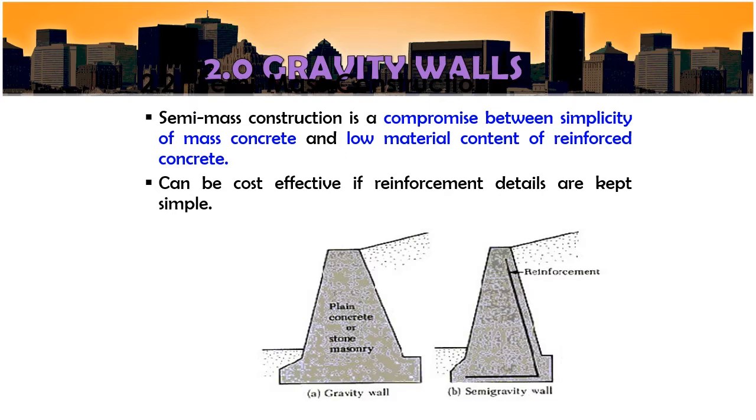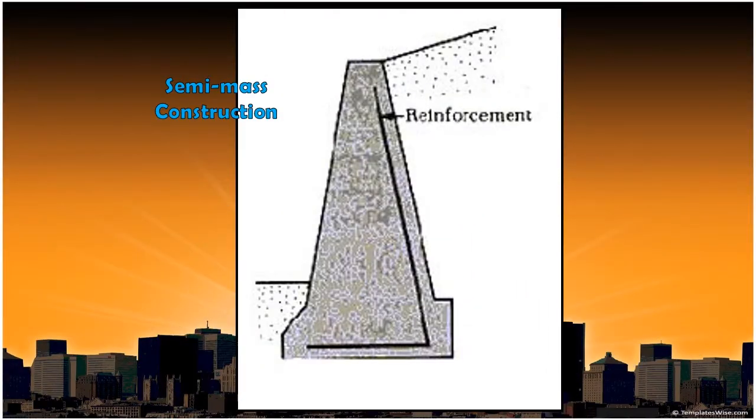It can be cost effective if RC details are kept simple and the use of reinforcement is little. This is an example of semi-mass construction. As you can see, the retaining wall is made from concrete with a little bit of reinforcement.